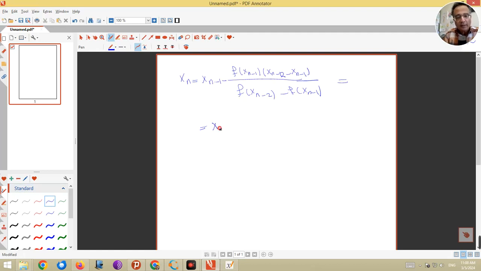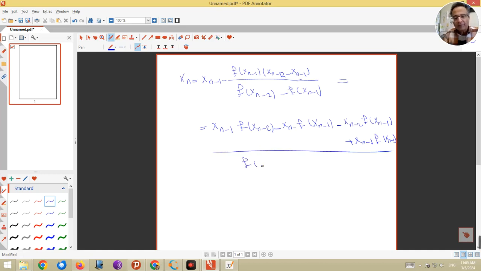So I can get xn minus 1 f of xn minus 2 minus xn minus 1 f of xn minus 1 minus, and multiply this one in both, so we can get xn minus 2 f of xn minus 1 and plus xn minus 1 f of xn minus 1, over f of xn minus 2 minus f of xn minus 1.